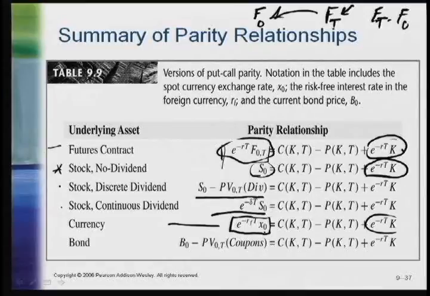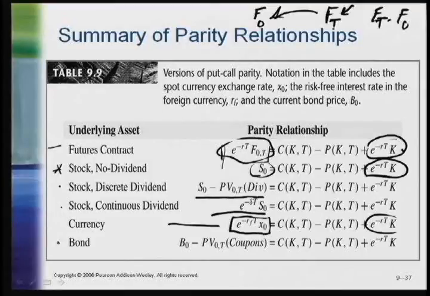So let's say it's $1.30. I then can present value that with the foreign risk-free rate. The reason is that if I want a euro at time T, I can buy a euro today that costs me X_0, $1.30 in my example. I invest it in a euro-denominated T-bill, and it will grow to be one euro at time T.